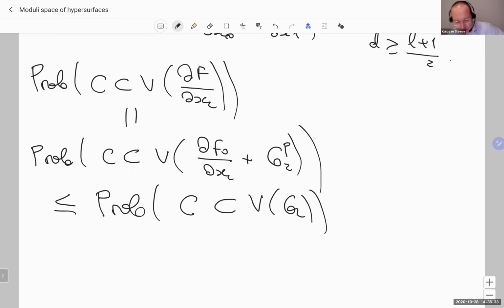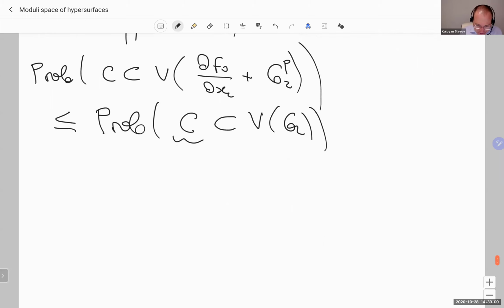If G2 and G2 hat satisfy this condition, there is this inclusion of C, then their difference must be in the ideal of C. So if you fix G2 and use it as a base point, you get an injection from the set of G2 which satisfy the inclusion C contained in this vanishing locus, to the set of hypersurfaces containing C. But here C is an integral curve of large degree.